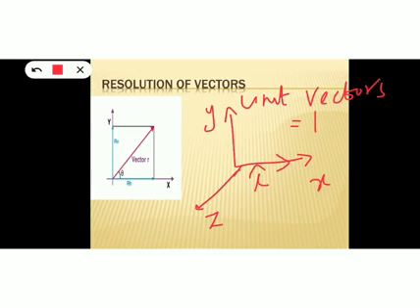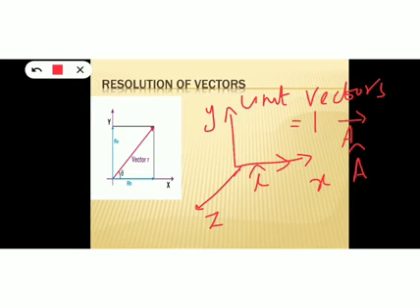A unit vector is always denoted by a cap to distinguish it from other vectors. Usually a vector is represented with an arrow mark above the symbol, but a unit vector is represented like this. If it is a unit vector, then you must represent that vector with a cap above the symbol. That cap indicates that it is a unit vector and it is used only to specify a direction. It doesn't have any dimension or unit.